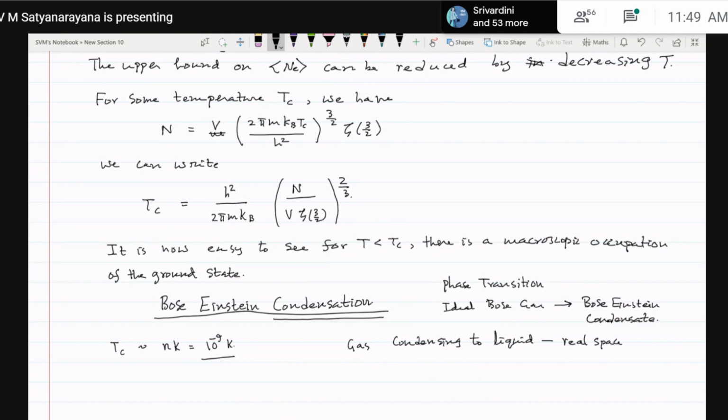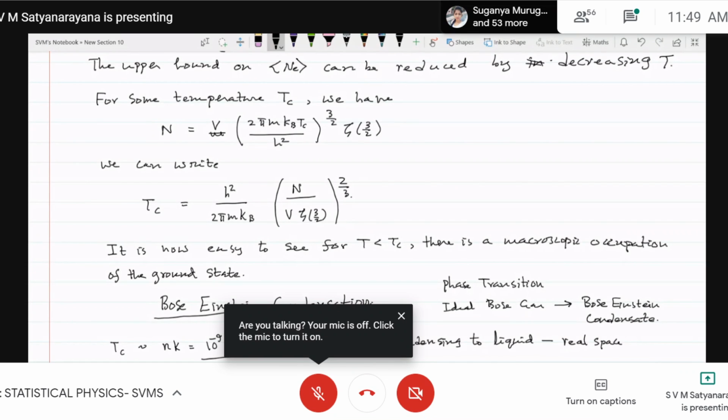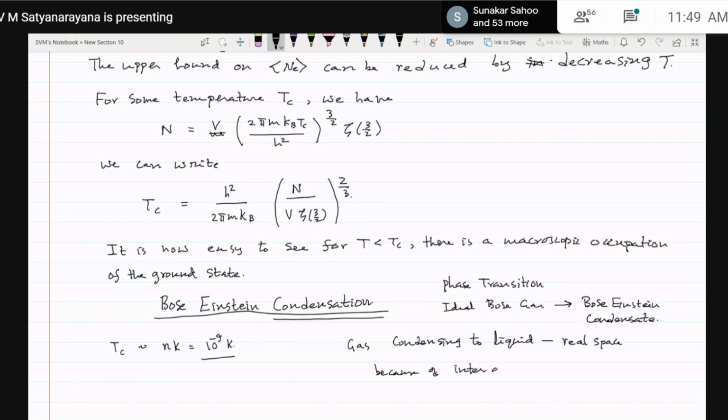And second, it happens because intermolecular forces dominate over thermal disorder, or over entropy.